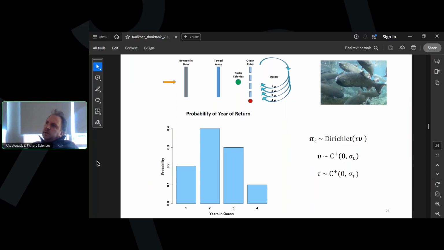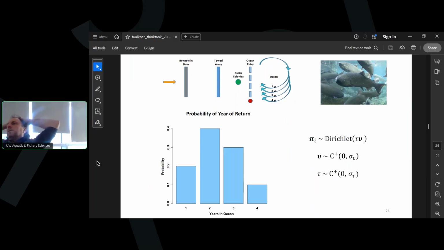You do have data on how many years they spend in the ocean. You can actually allow this to vary by year, and I would imagine that you could tie this to some covariates, probably more likely individual covariates like size, which is probably a pretty good determinant of how big you are when you enter the ocean.